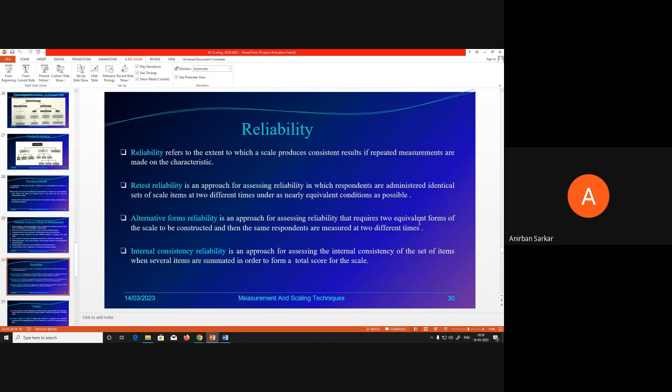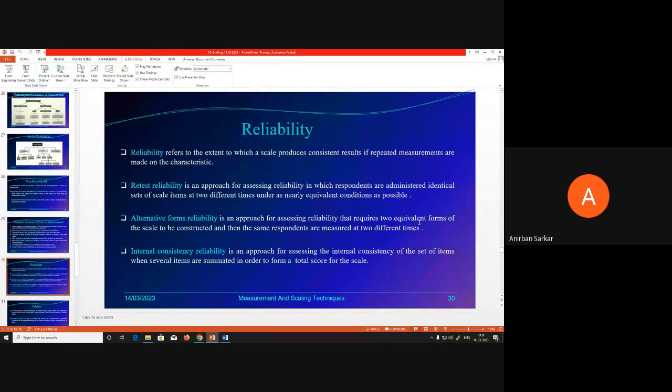And Cronbach alpha is defined as a measure of internal consistency reliability, that is the average of all possible split half coefficients resulting from different splittings of the scale items.